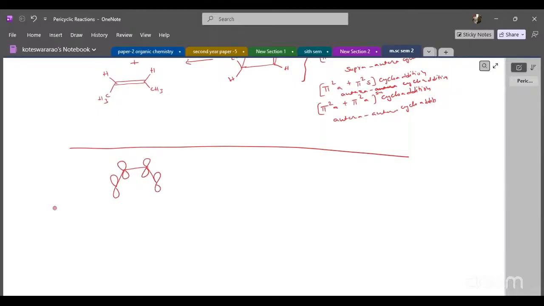It may undergo overlapping of the terminal carbons by overlapping of p orbitals. Either both are clockwise or both are anti-clockwise. That is known as conrotatory electrocyclization.